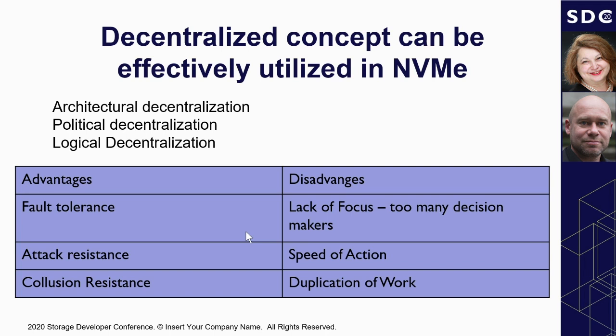When we talk about decentralization and NVMe, we're talking about fault tolerance, attack resistance, and collusion resistance as advantages. As disadvantages, there is a lack of focus from too many decision makers, and speed of action. NVMe devices are becoming very fast, so maybe we will soon consider it an advantage. And duplication of work: the data mirroring does create a duplication, and we all recognize that.